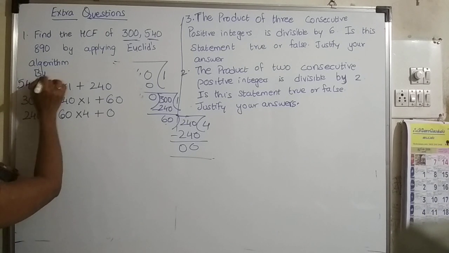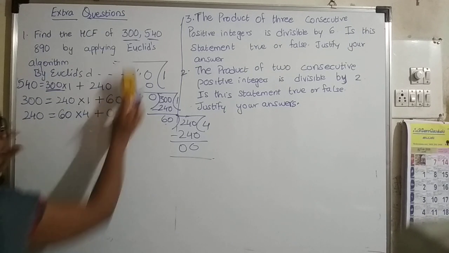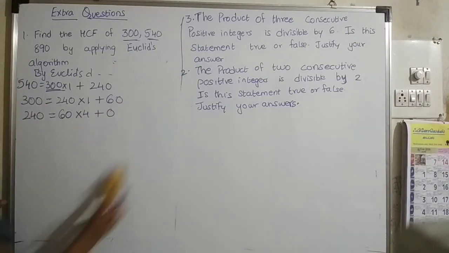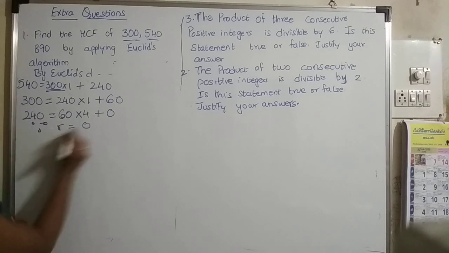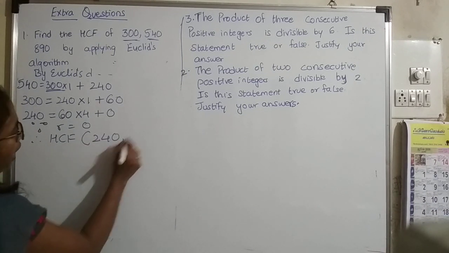So by Euclid's division algorithm we got this. Now R is 0.